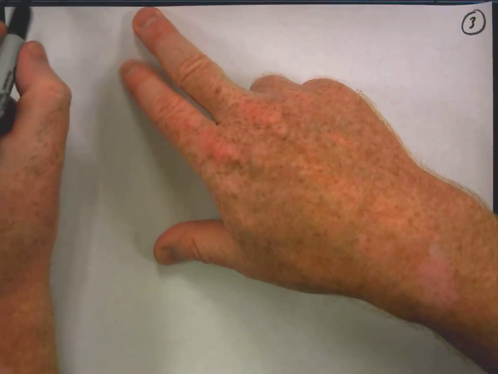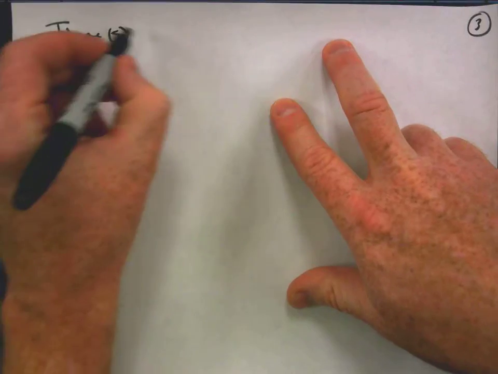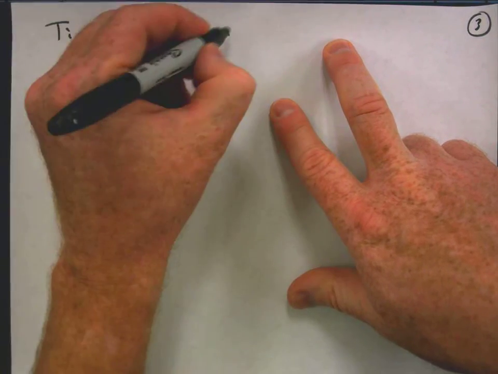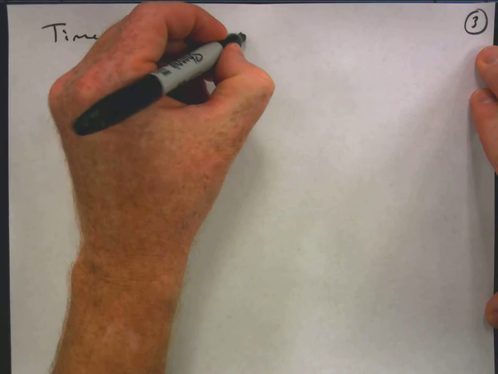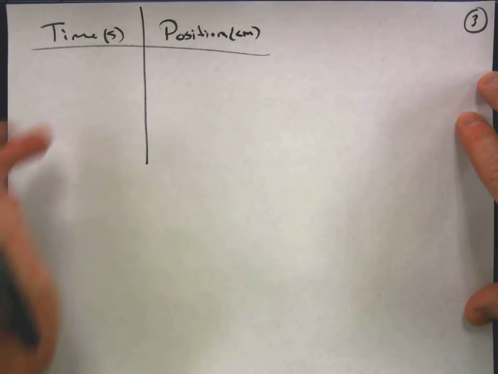All right. If we are going to track how the position changes with time, we usually measure time in seconds. Position can be anything. I'll stick with centimeters for now. It kind of doesn't matter. Okay, if we're going to track this, and we have numbers here.